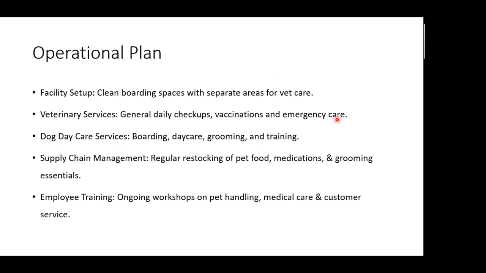So here in slides, I'm just telling you for you to understand in point form. But when you write up your actual business proposal for the assignment, you have to explain these things in detail, right? And the third one, the dog care services, boarding, daycare, grooming, and training of dogs, pets. So that is also done by these setups. Right? So operational plan, you have to explain.